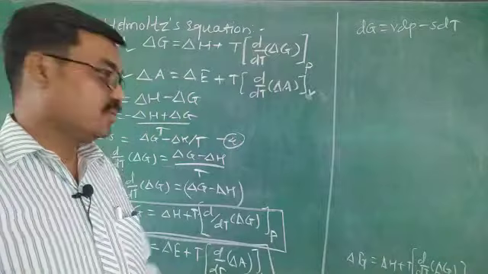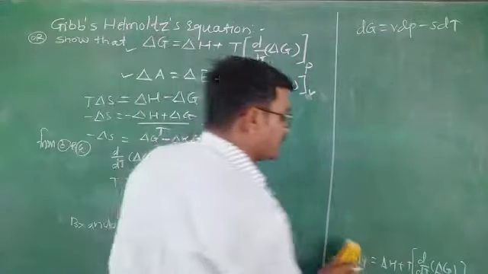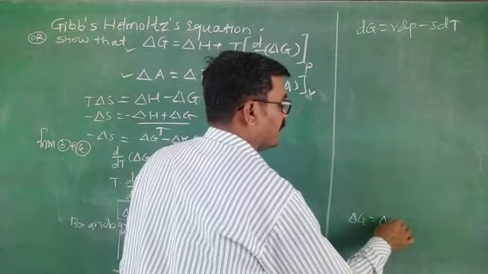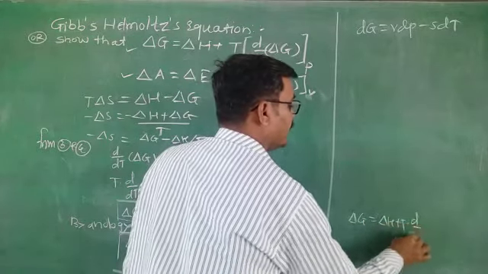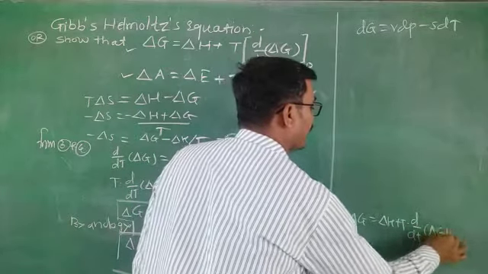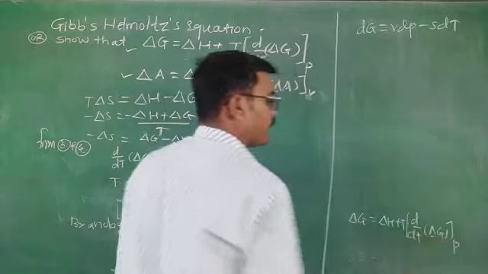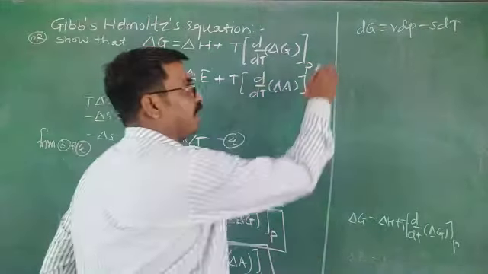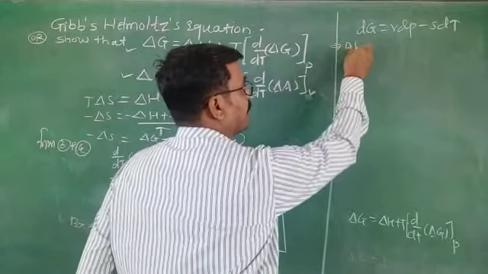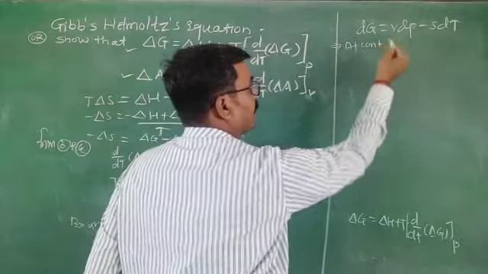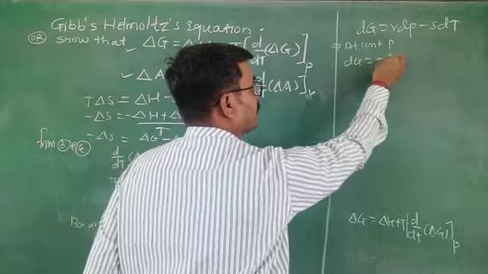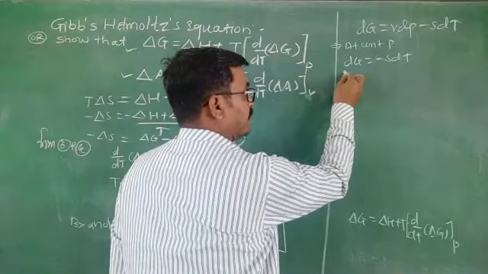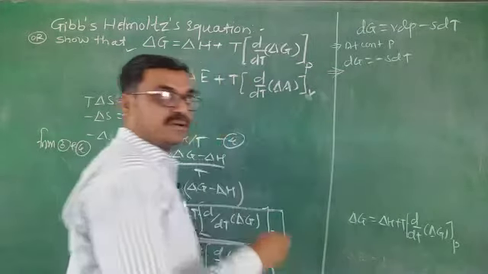That is what you have to show. Further, at constant pressure, it becomes dG equals minus SdT, and from this our journey starts.